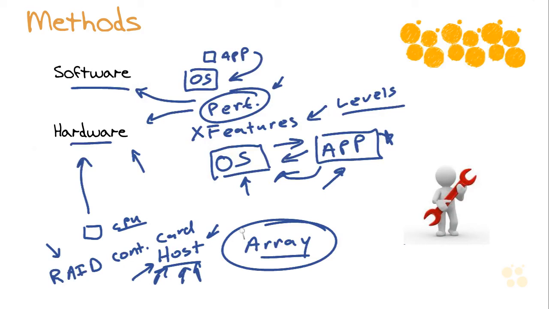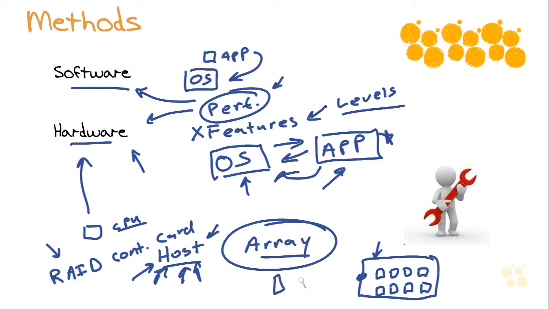Yeah, with an array-based hardware solution, you have these disks. Let's say we have 8 of them. These disks are in an array. There is built into this array the RAID controller functionality. And now this is all offloaded from the hosts, and they're just accessing the data out of this RAID array.